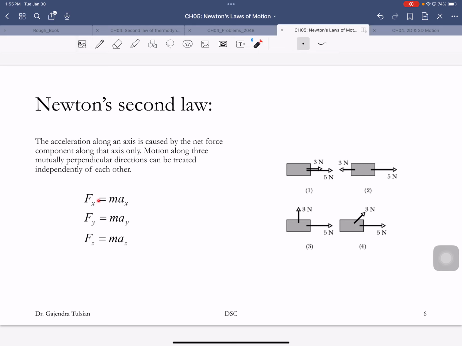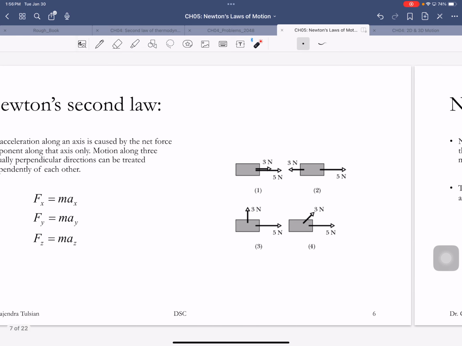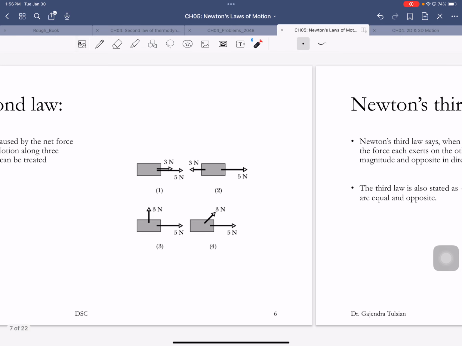This was the reason why we started off with studying one-dimensional motion, because a motion in a given direction is independent of the motion in other perpendicular directions. So you apply force in the x direction, you can only affect motion in the x direction. Did you guys understand that?